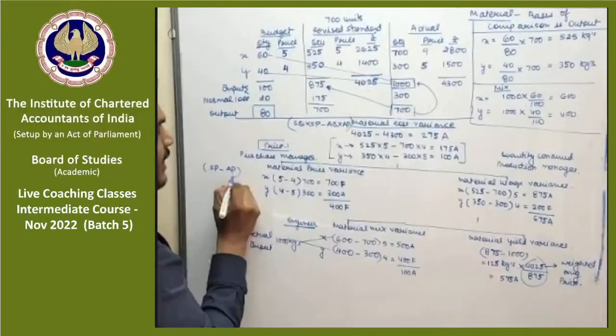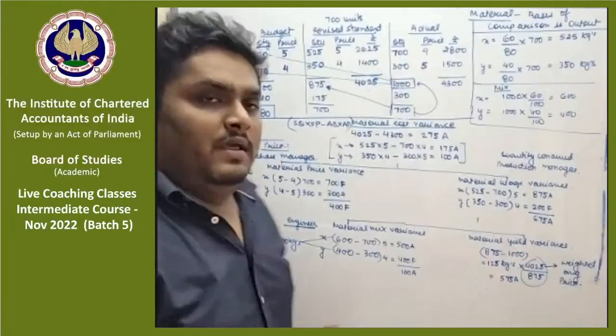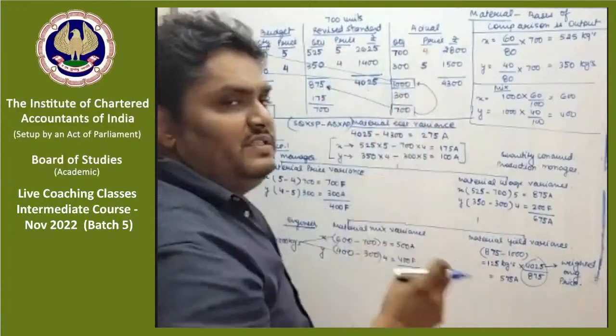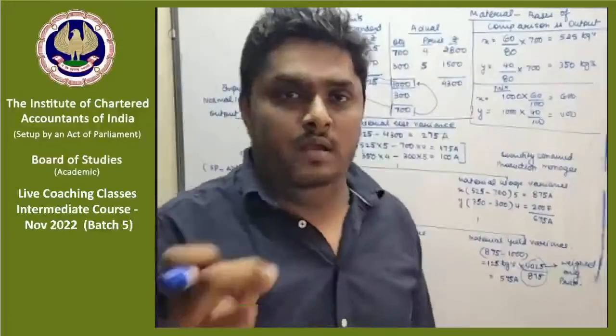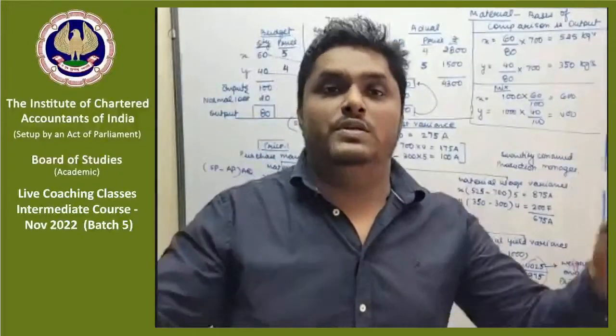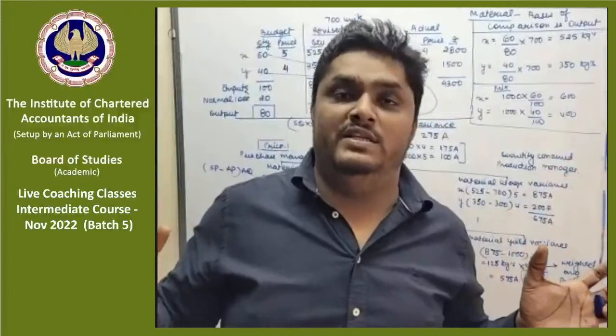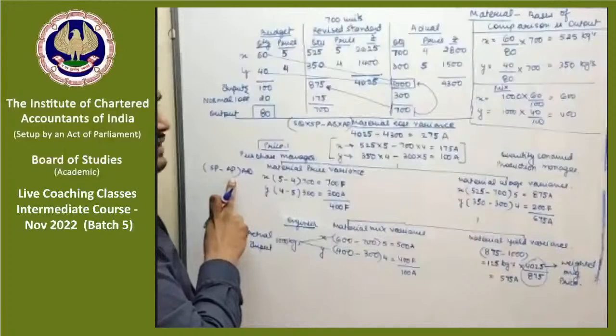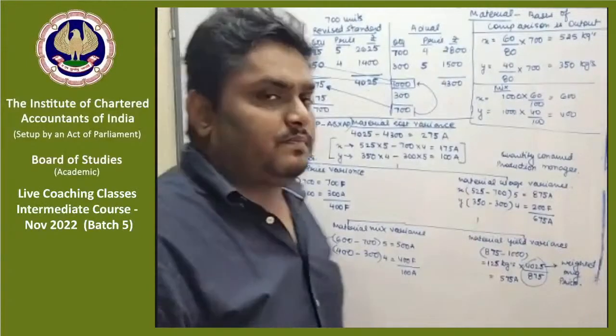Actual price into actual quantity. That is, we were supposed to purchase X at the rate 5, but we purchased at the rate 4 into 700. Why 700? Because they were instructed by the production manager that you have to purchase 700. So standard price minus actual price into actual quantity.